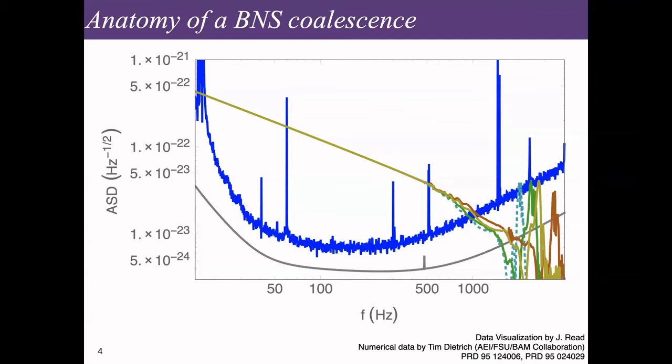Our detectors' test masses are suspended from pendula, and those pendula have eigenmodes, they have resonances, and at these resonances we're not very sensitive, and this causes some of these spikes. Another reason is, of course, that the power supply comes at 50 or 60 hertz, depending on whether you're in the US or Europe, so that also appears as a resonance in the detector. So these are various mechanical resonances in the detectors. Thank you so much. Sorry to interrupt. Yeah, no problem.